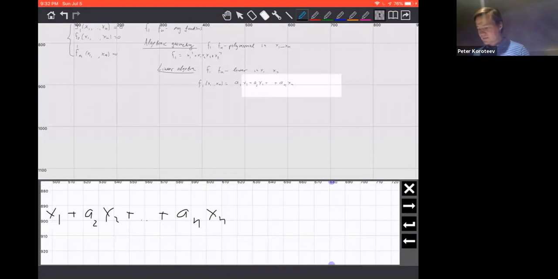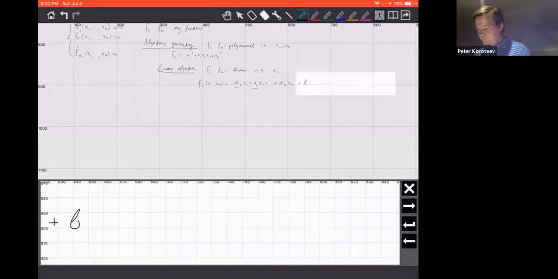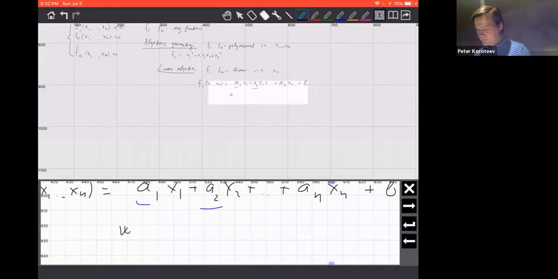And there might be a constant, right? Maybe plus some b. So we multiply with these coefficients a1, a2, etc., an, and b, which are either real numbers or complex numbers.